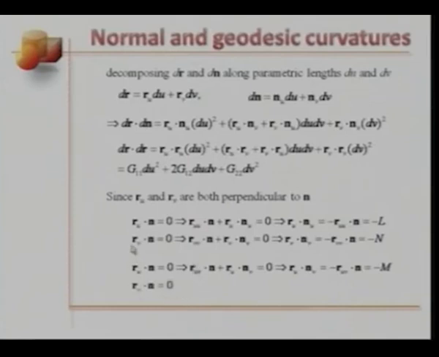We can likewise differentiate this expression with respect to u to finally get minus of r vu dotted with n equals minus m. Where are we heading? Let's find out.